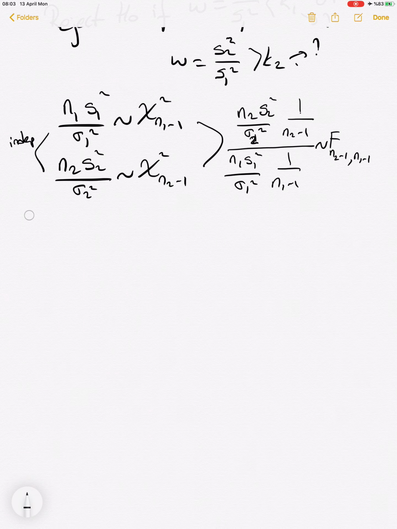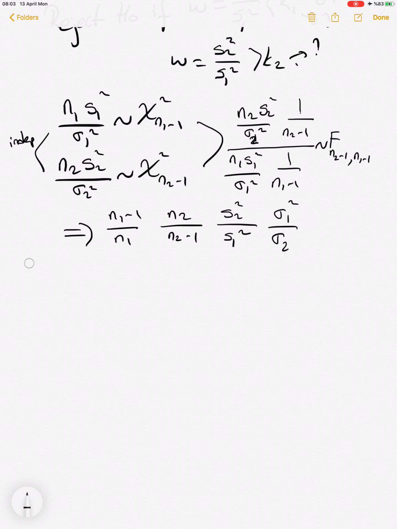Let's write this in a nicer way. Then we have (n1 minus 1) over n1, and we have n2 over (n2 minus 1), S2 square over S1 square, and sigma 1 square divided by sigma 2 square, and this is distributed as F with these degrees of freedom.